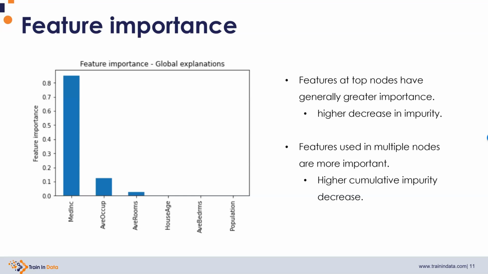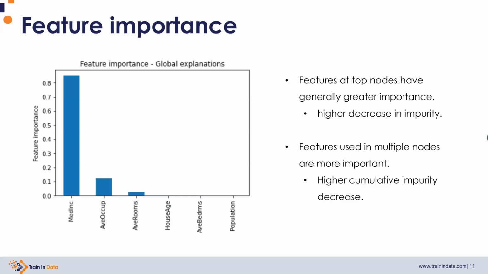And we're going to see how to do this in the next video, but I want to nail down the intuition about feature importance in decision trees. Features at top nodes in general will have greater importance because at the top nodes we are obtaining higher decrease in impurity, and features used in multiple nodes are also more important because they have a higher cumulative impurity decrease.